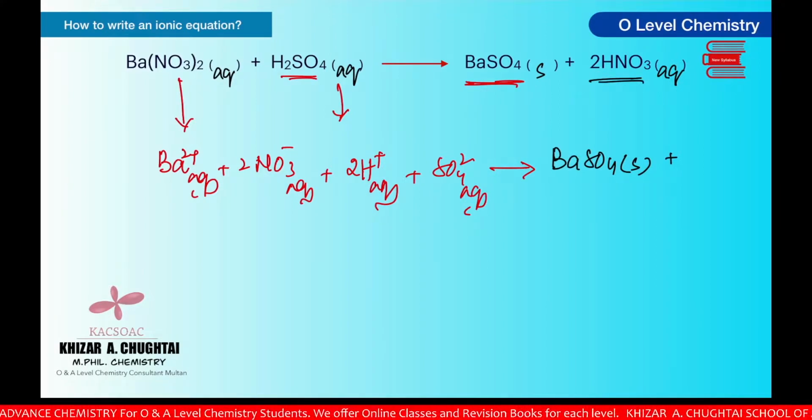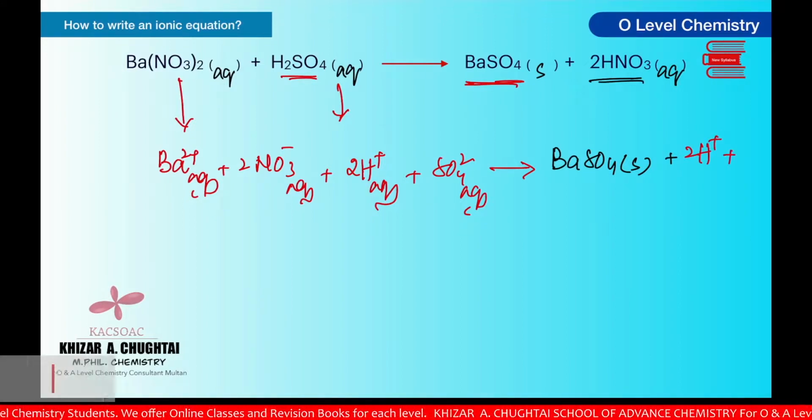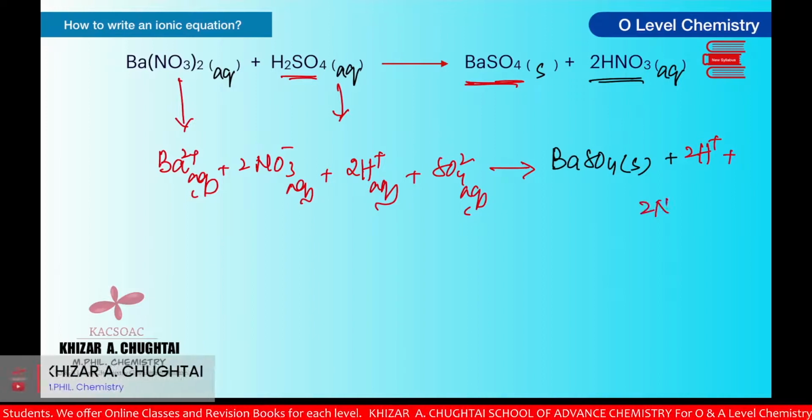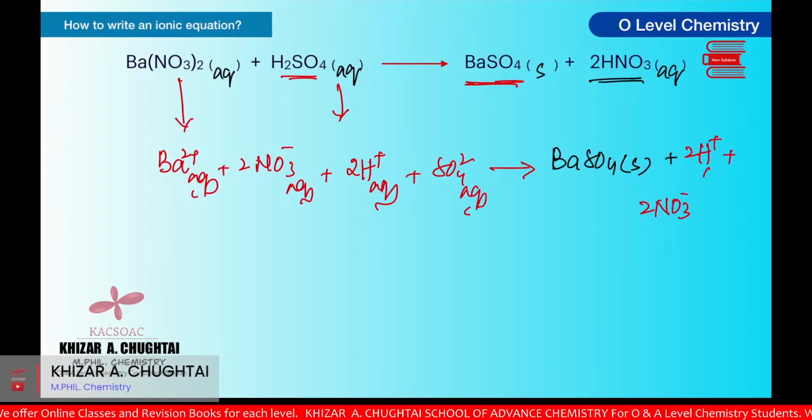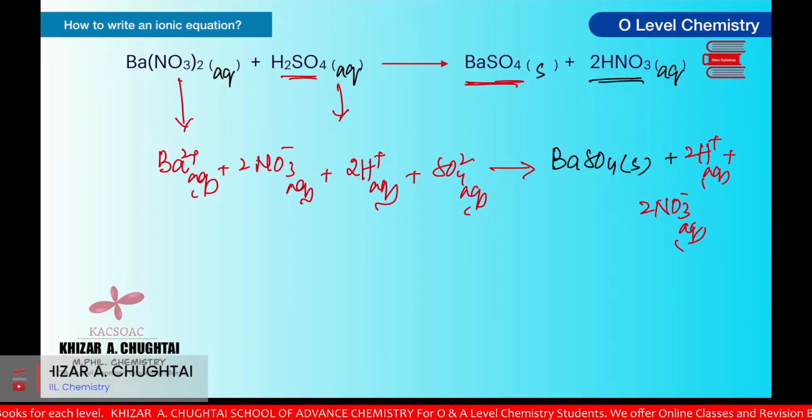Come toward this one. Again, this is an acidic compound, so it can be written as 2 moles of H+ ion plus 2 moles of NO3- ion, aqueous and aqueous. So let's cancel out the spectator ions.